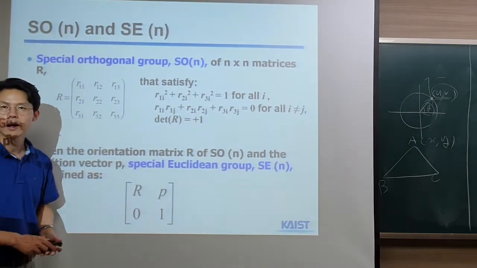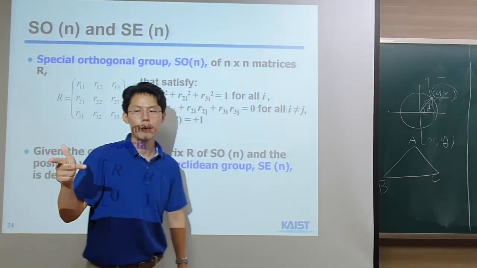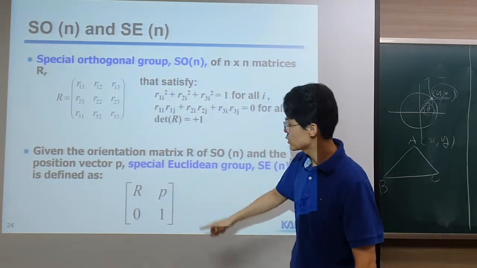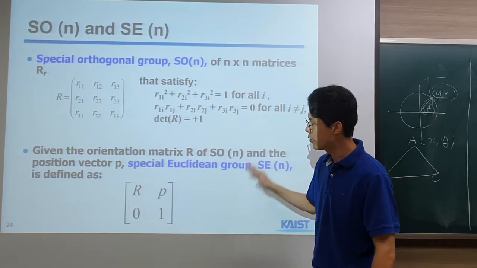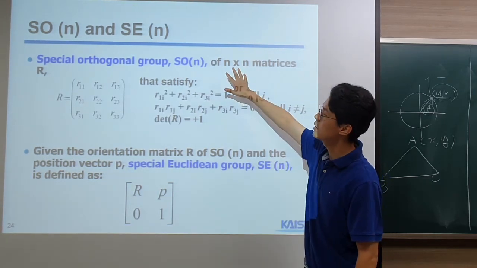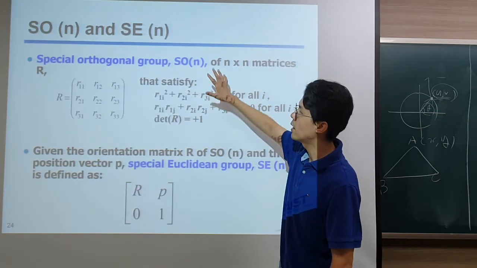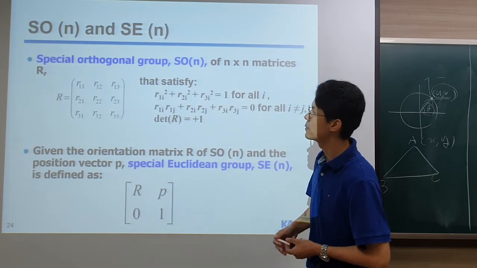P is the 3-dimensional XYZ component of your reference point. We can change it along this direction and that direction, right? That's why we have a 3 by 1 vector. Overall, this is a 4 by 4 matrix. So here, since it's highly likely that you will encounter this concept, this term, when you are reading a paper, I talked about this one.